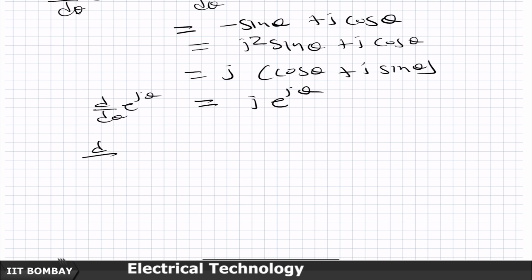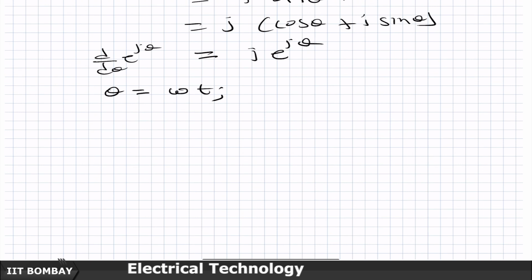Now, suppose that theta is omega t. Suppose that theta is omega t, then, and we will have many occasions to take the derivative of e to the power j omega t by dt, a very simple chain rule application tells you what this should be equal to.